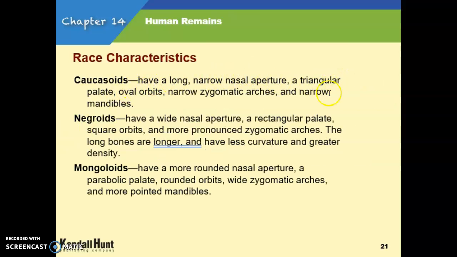So race characteristics: Caucasoids have long, narrow nasal apertures, a triangular palate, oval orbits, which are your eye sockets, narrow zygomatic arches, those are your cheekbones, and then narrow mandibles, which is your jawbone.